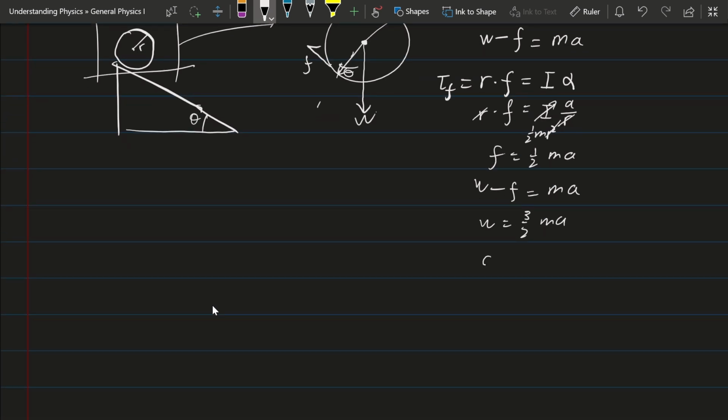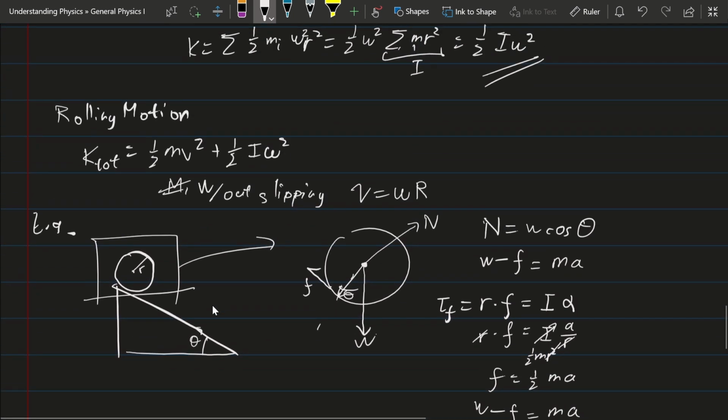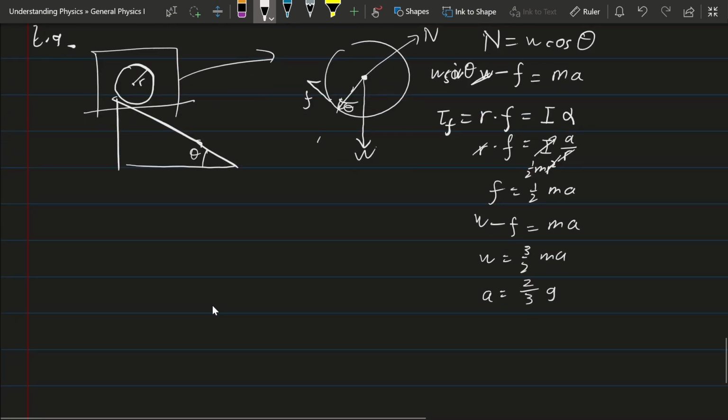So we could figure out the acceleration is 2/3 of the gravitational acceleration. And so this is the condition for this particular question. Oh, sorry, my bad. This should be W sine theta. So it's W sine theta. This will be g sine theta. So if you just plug in the values, you would be able to obtain the acceleration of the object. Now we could start looking at the simulation and try to visualize what is going on.